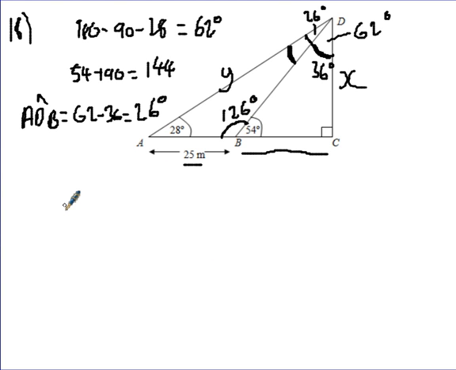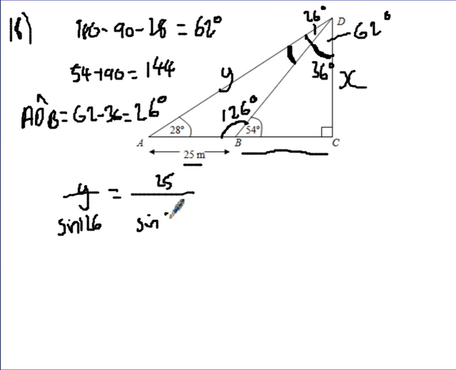So I've then got, after all that, the angle in here. This is the side, the angle in here. This is what we're trying to work out. So it's y over sine of 126 is equal to 25 over the sine of 26.